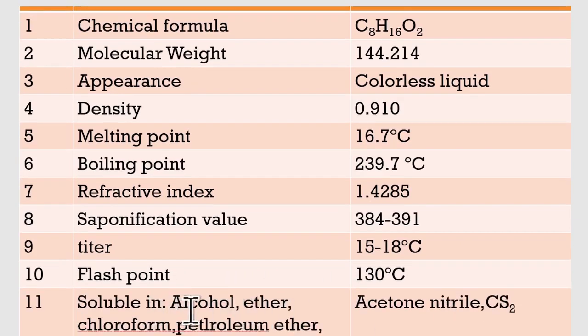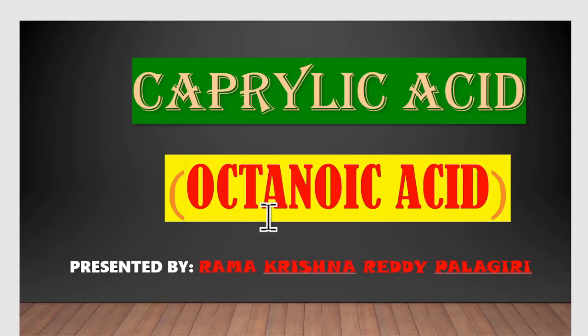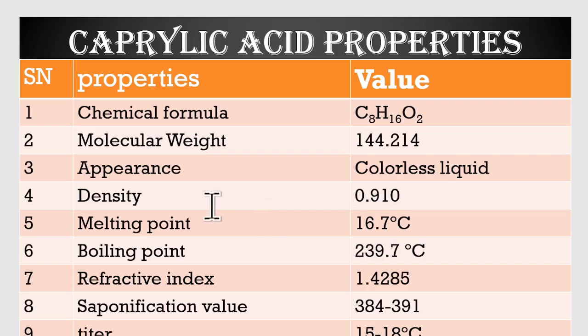It is soluble in alcohol, ether, chloroform, petroleum ether, acetonitrile, and carbon disulfide. These are the physical characters of caprylic acid. So this is a brief description of caprylic acid.